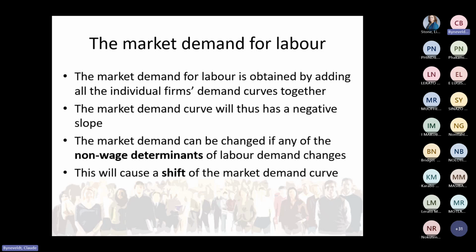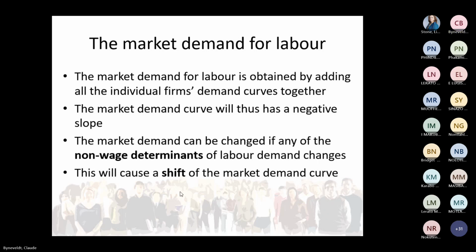It depends on how many firms are in that industry, and it will have a negative slope. It slopes downwards from left to right, which indicates a negative, inverse relationship between the wage rate and the quantity demanded for labor.